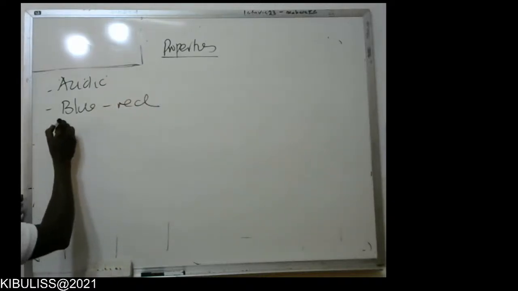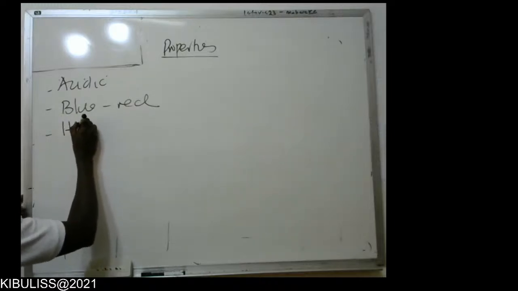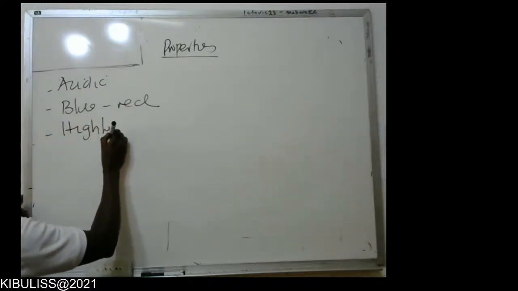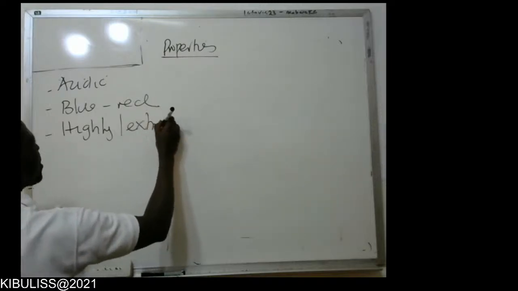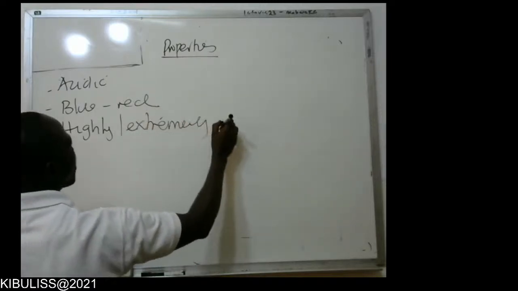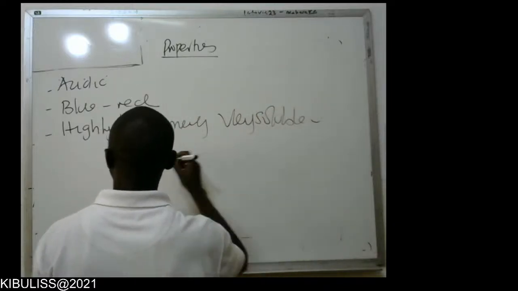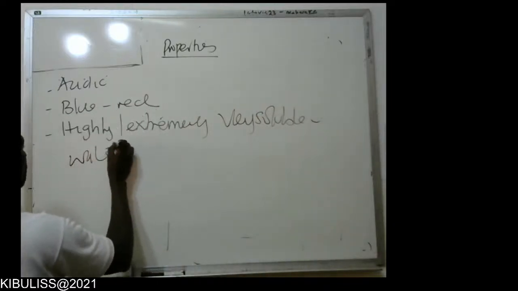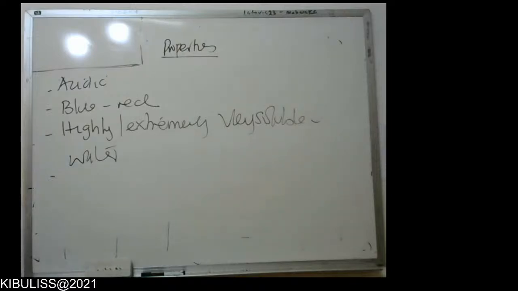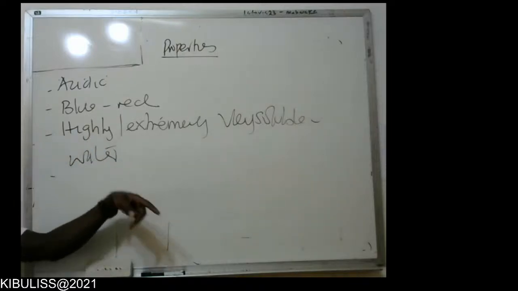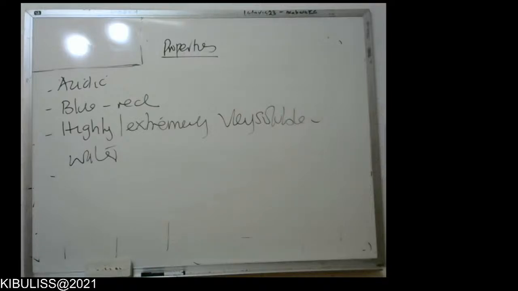You have seen this gas is extremely, or very, soluble in water. Like ammonia, actually it's second to ammonia in terms of solubility. Which means you can also talk about the fountain experiment here.